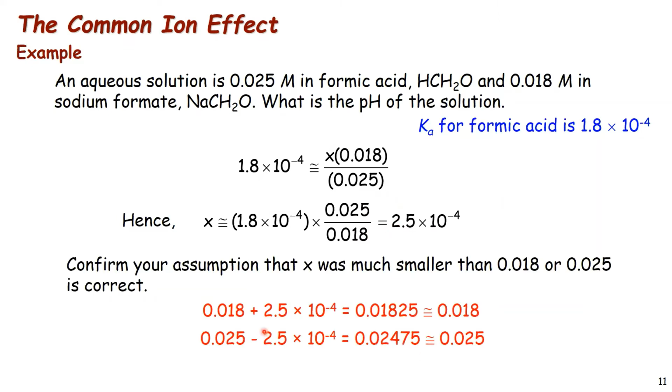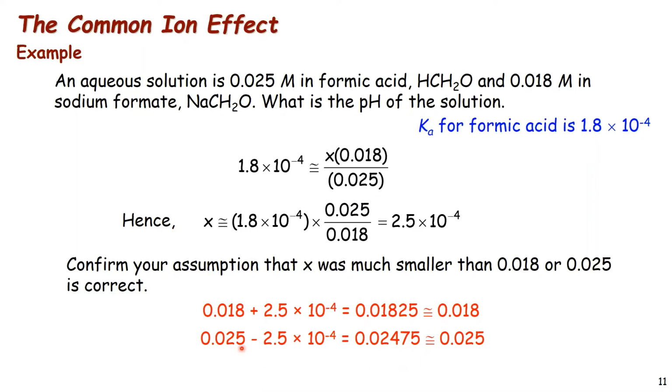Okay, so we're going to plug it in. So 0.018 plus 2.5 times 10 to the negative 4 gives us 0.01825, but to the original 2 sig figs, that's 0.018. We can see the same thing was true for the other one. 0.025 minus 2.5 times 10 to the negative 4 would have equaled 0.02475.